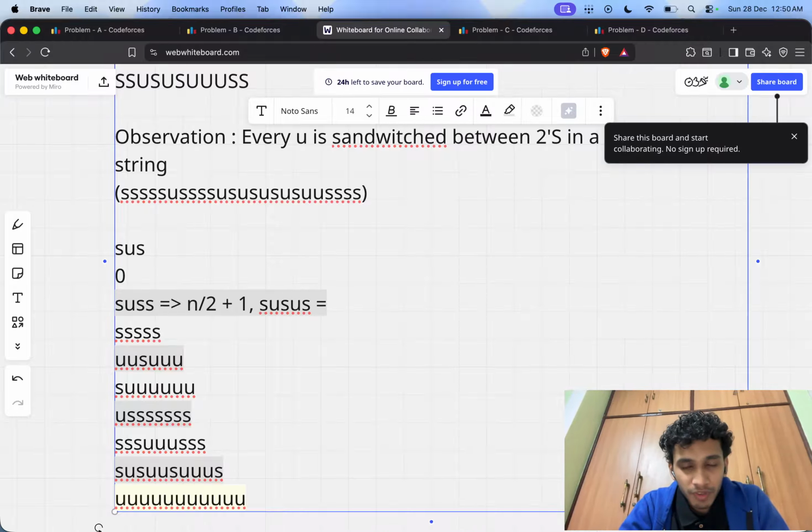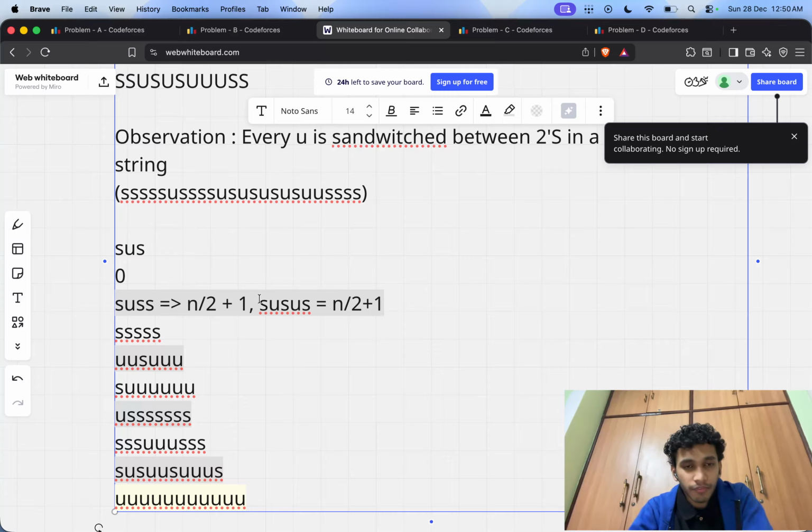So this is again n by 2 plus 1. How? Because there were 5 characters, and we replaced 3 of them. Floor of 5 by 2 is 2, and plus 1, it is 3. So we'll note down the pattern because we will use this later in our code.